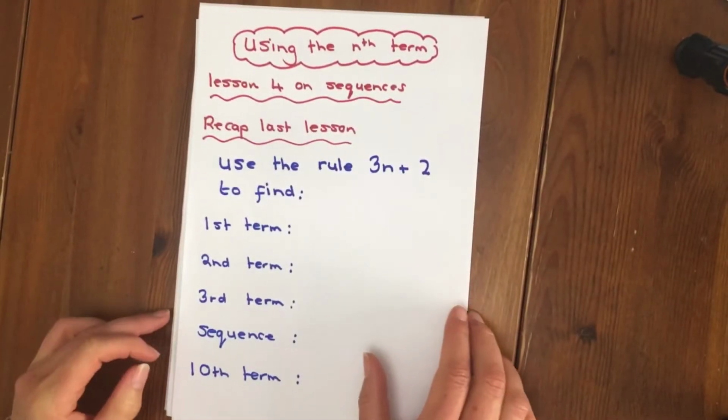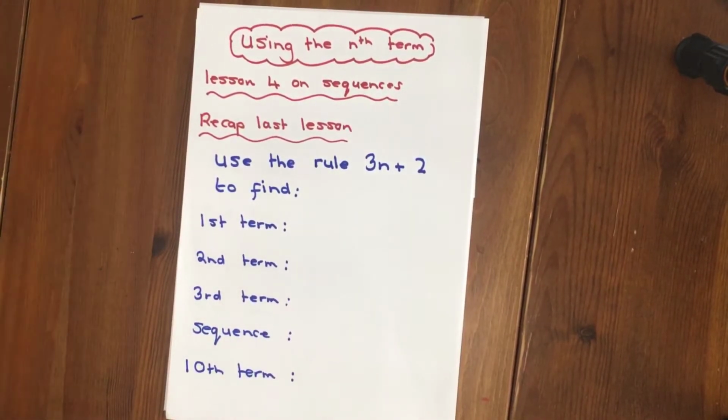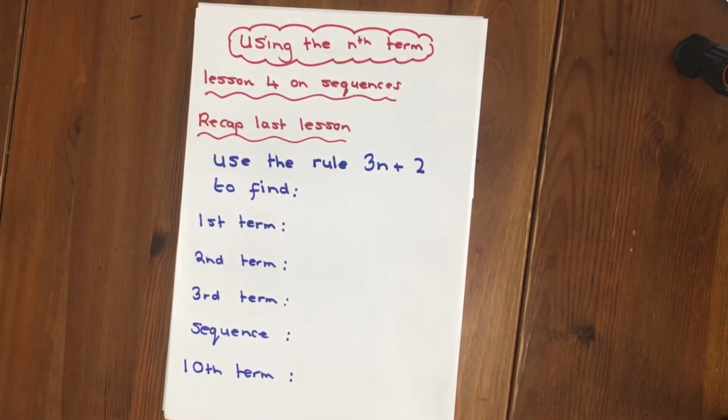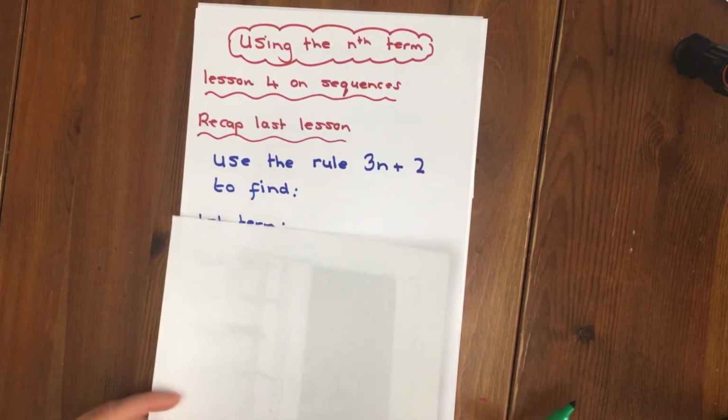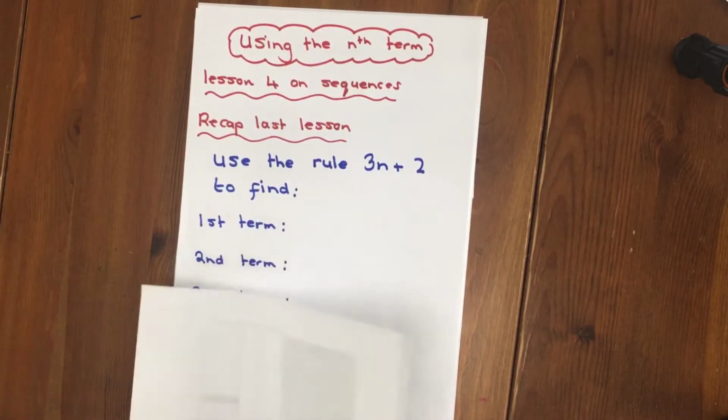Well done on your work completed last lesson on the nth term, and I'm just going to start with a recap of what you learned last lesson. So we have this sequence 3n plus 2, and I'm going to ask you to find the first term.